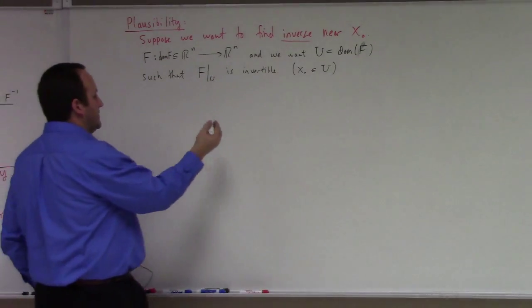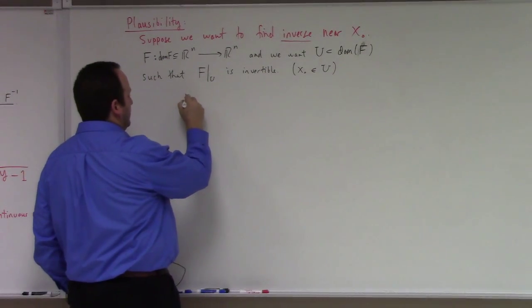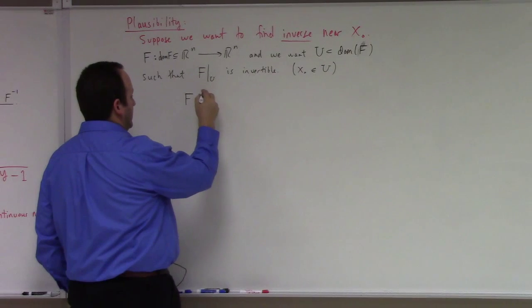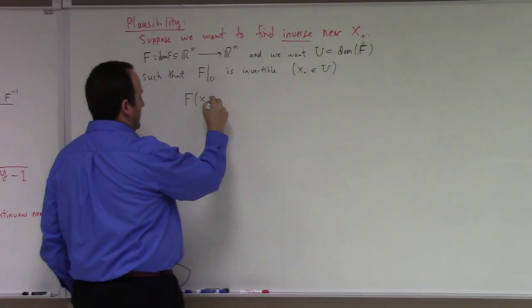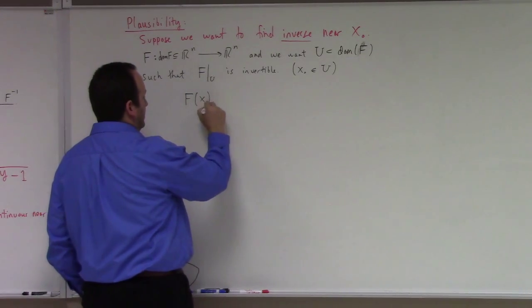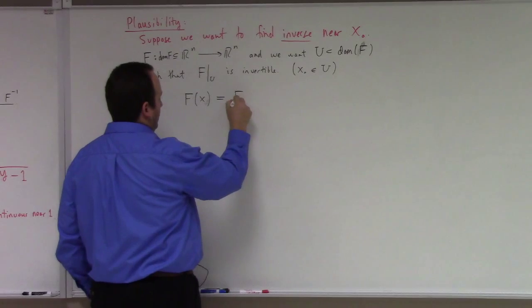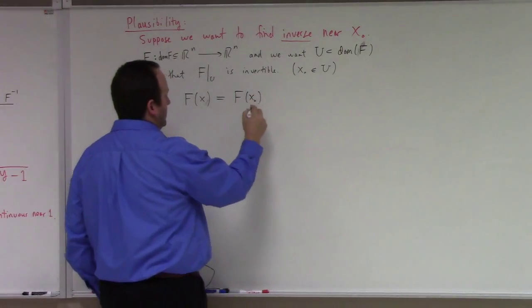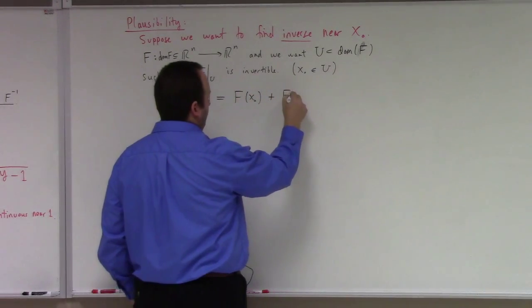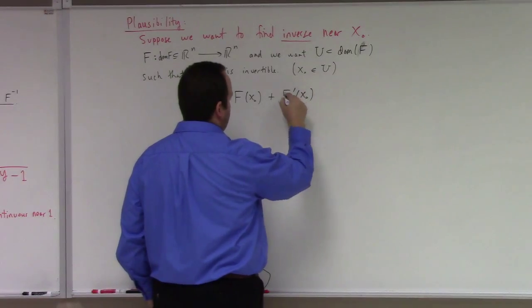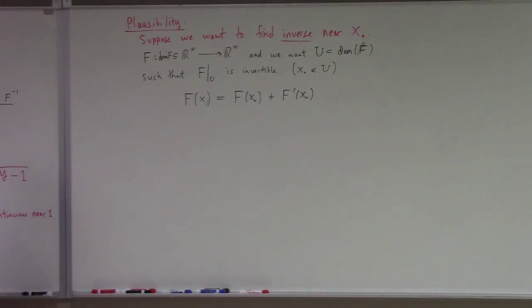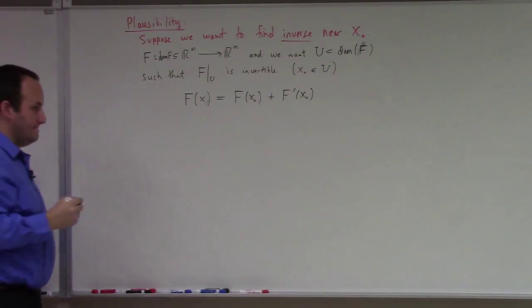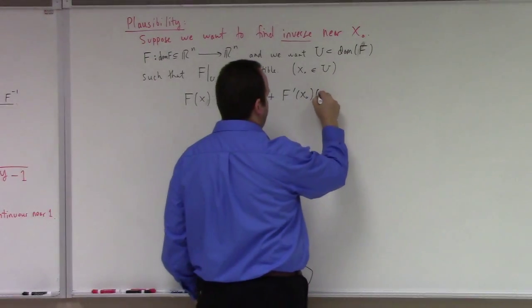So, what would you do? What's your first step here? Well, my first step would be to say, okay, I can write f of x equals f of x naught plus f prime of x naught times what? Where that's a vector, right?